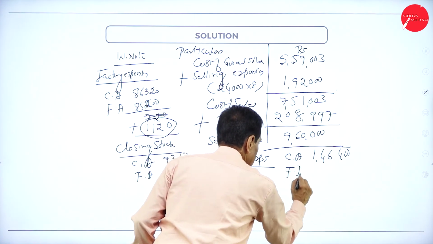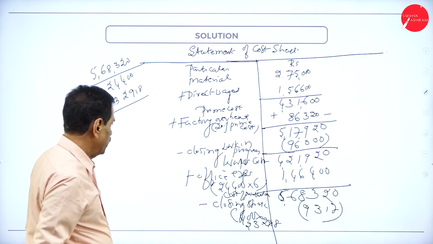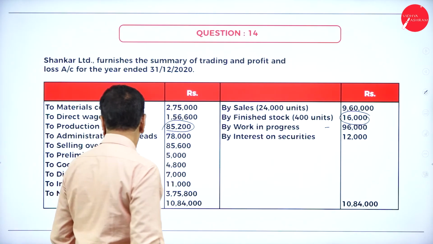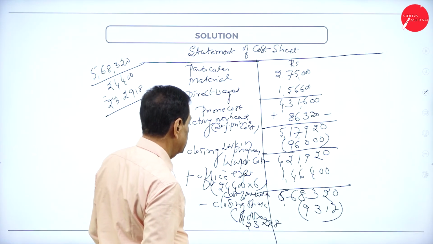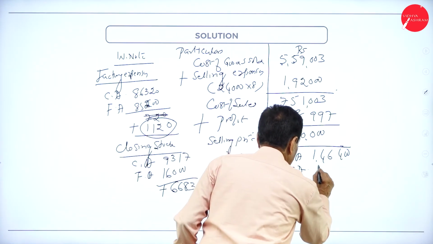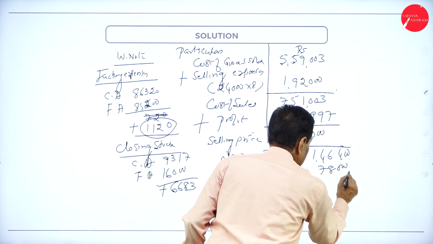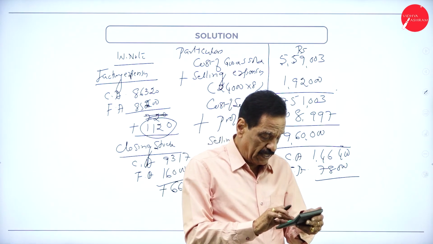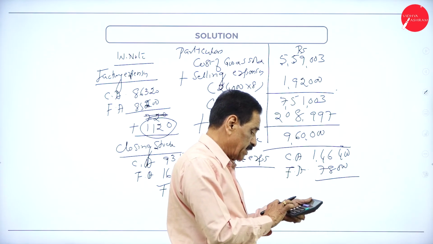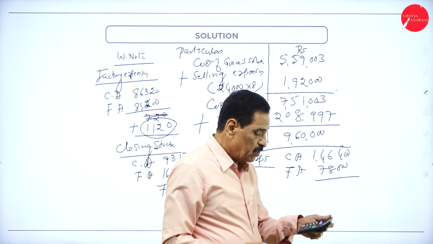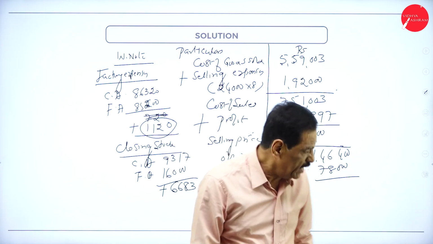FA office expenses is 78,000. 1,46,400 minus 78,000 is 68,400.